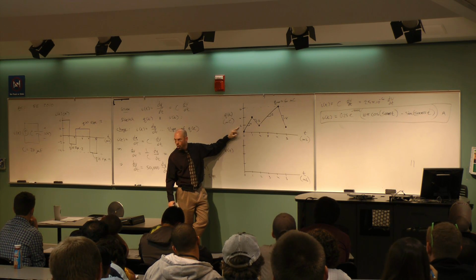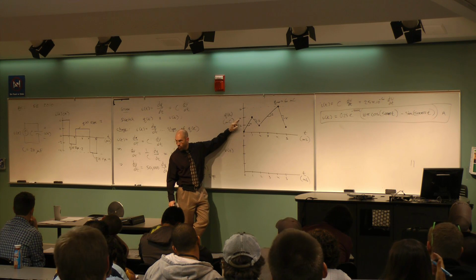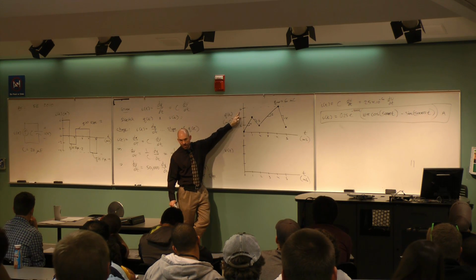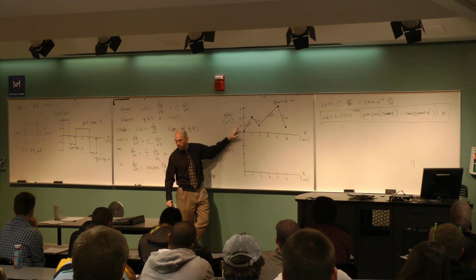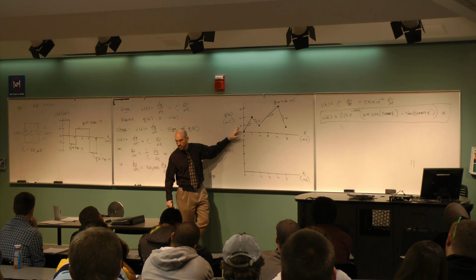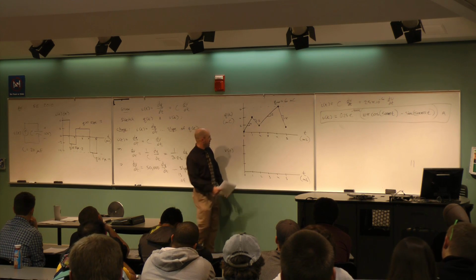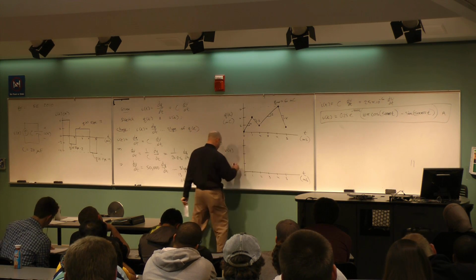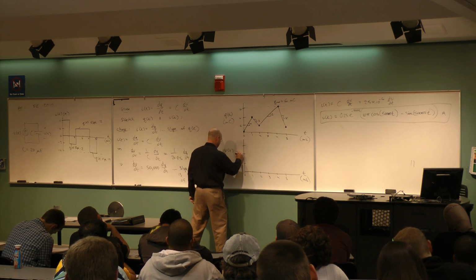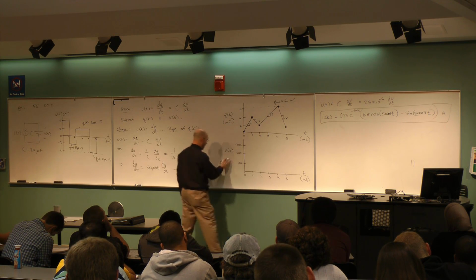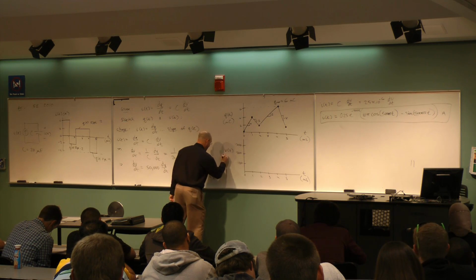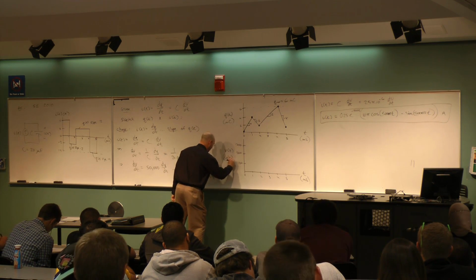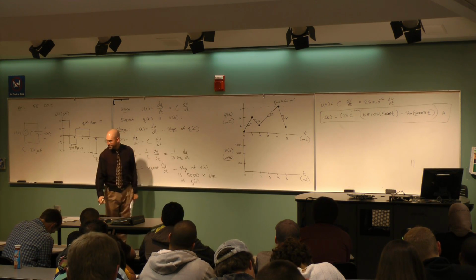So this is 0.002, 0.004, 0.006, right? Stick with base units. So 0.002 times 50,000 is how much? 100, right? So don't I have 100, 200, 300, and the units on this are what? These are volts, right? Not millivolts.